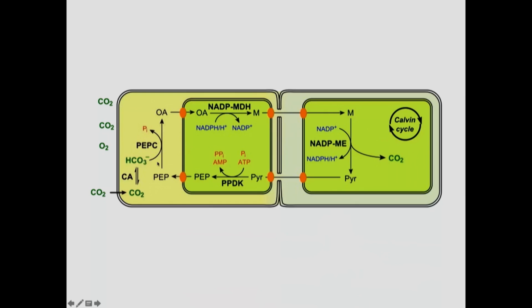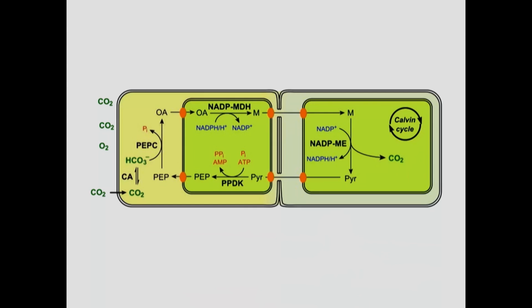So use a PEP-carboxylase-like reaction, send it to the chloroplast, where you then regenerate CO2 for the RuBisCO enzyme, and you send that pyruvate back out as a way to run a cycle that concentrates the CO2. So this requires extra ATP, requires extra NADPH, but in the end, it saves the plant the trouble of having to deal with this phosphoglycolate.